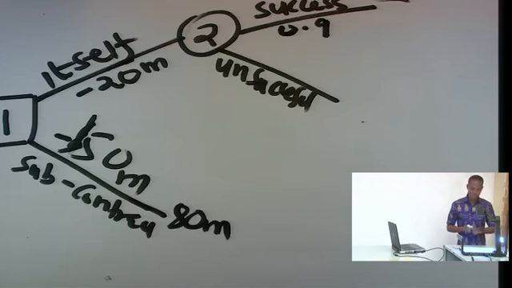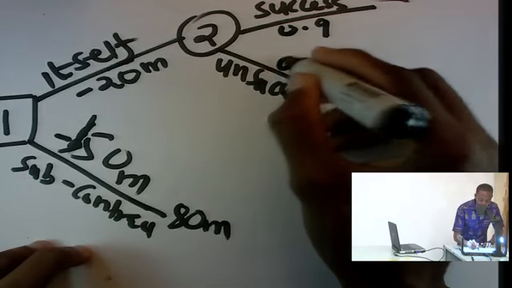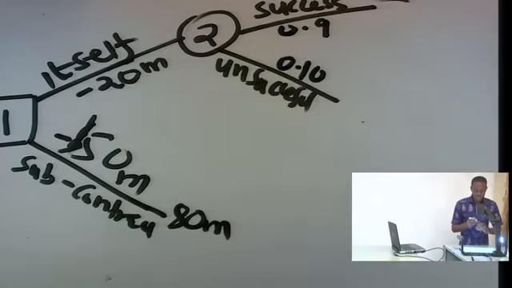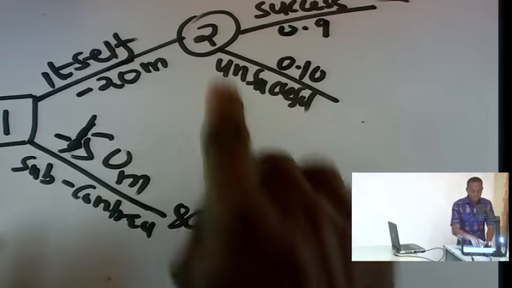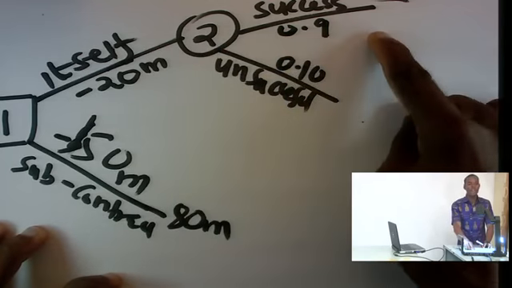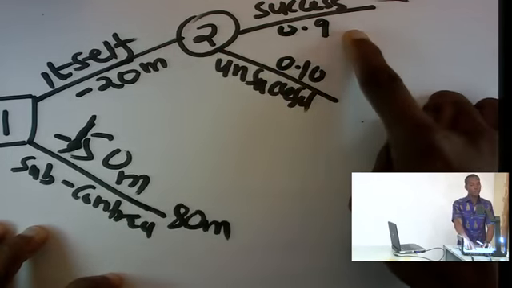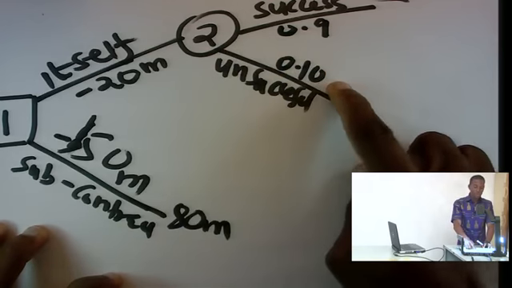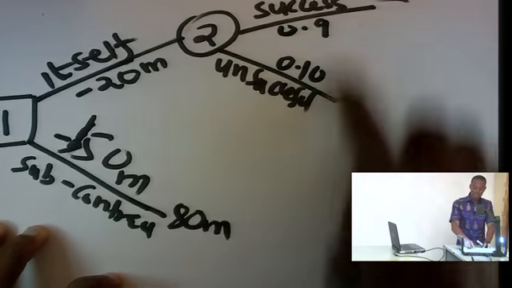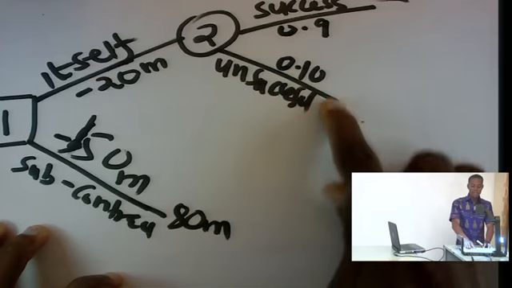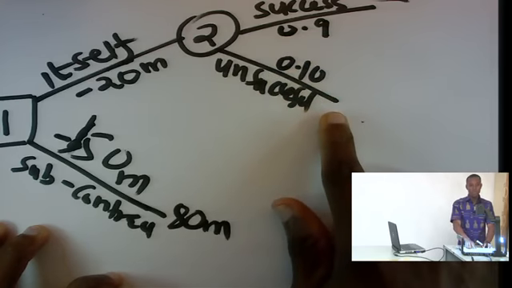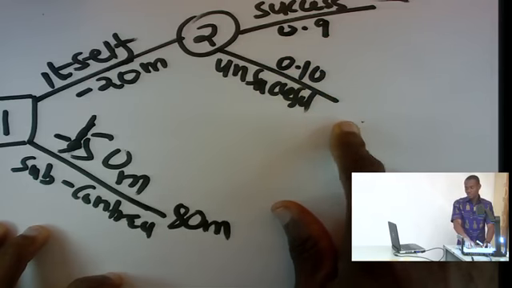It's going to be 0.1. Remember, the probabilities of all the possible outcomes must add up to 1. If you drew just this 0.9, it is not adding up to 1. But if I add the complement, 0.9 plus 0.1 adds up to 1. So we've been able to do that successfully.